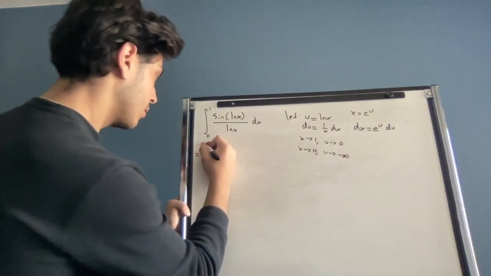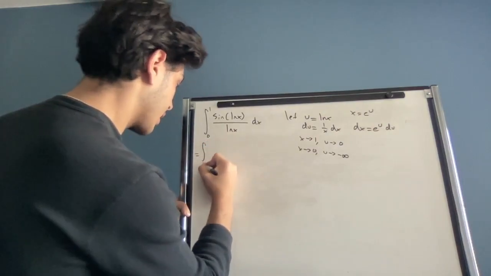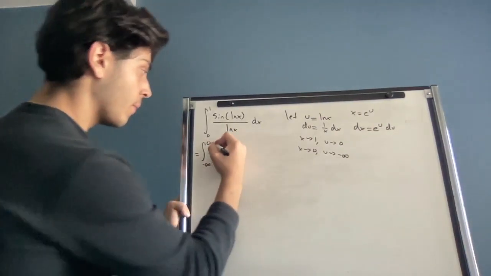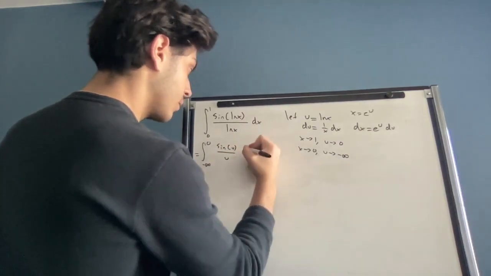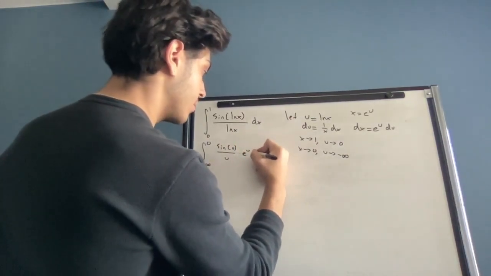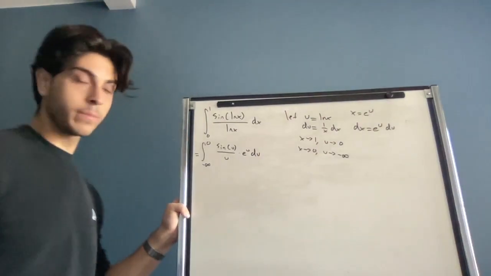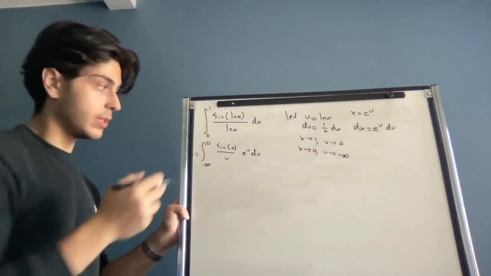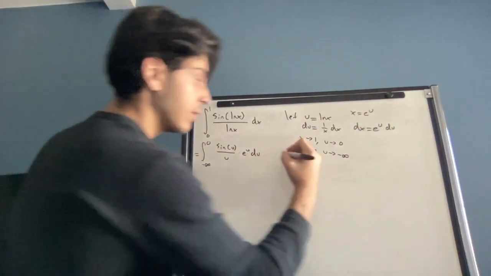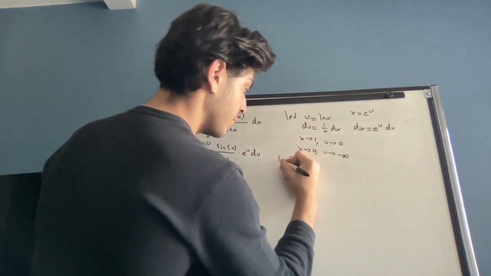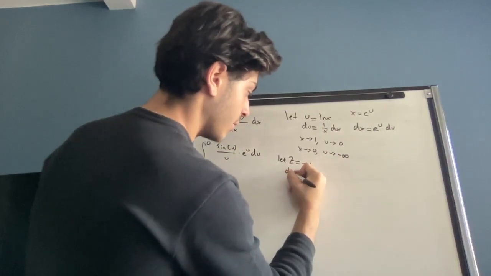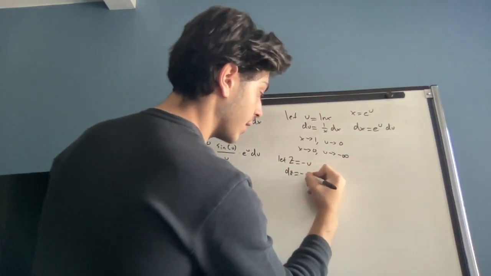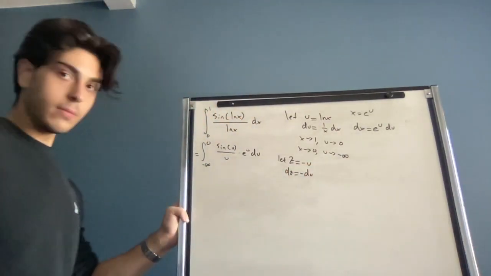So the new integral is from negative infinity to 0 of sine of u over u times e to the u du. After that, we're going to do another sub where we let z be equal to negative u. So dz becomes negative du.